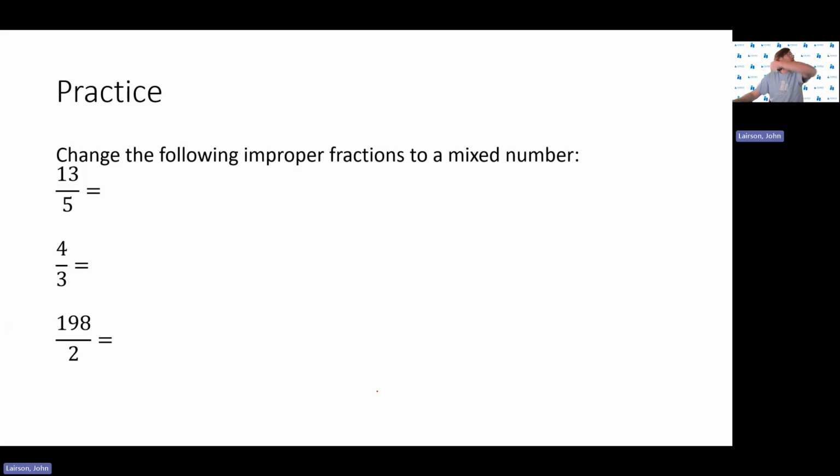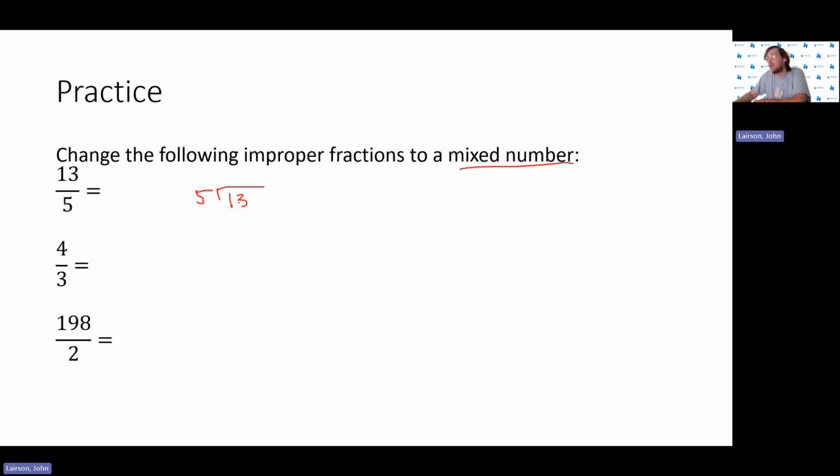So again, another practice slide here. Slow it down, go back, repeat it again if you need to. 13 over 5, changing into a mixed number, long division. So 5 into 13. How many times does 5 go into 1? No times. I'm not going to write 0 at the beginning. So now I'm looking at two numbers together.